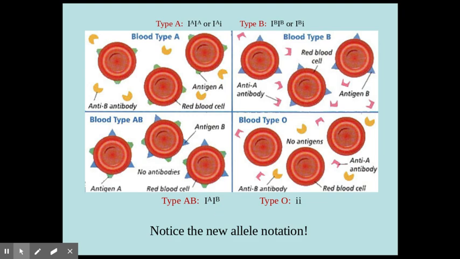Here you have an antigen A and an antigen B, but you have no antibodies. And if you have blood type O, you have no antigens. You have an anti-B antibody and an anti-A antibody, but you don't have any little shapes attached to your red blood cell.